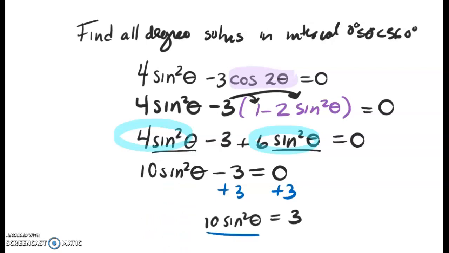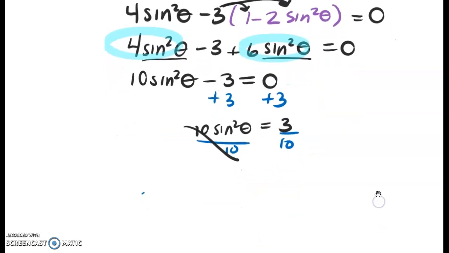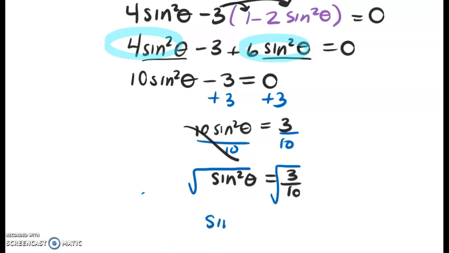Then I'll divide both sides by 10, and the 10s will divide out, and I'll be left with sine squared theta is equal to 3 over 10. Now, where do I go from here? This is sine squared theta. I want just sine of theta, so I'm going to take the square root of both sides.